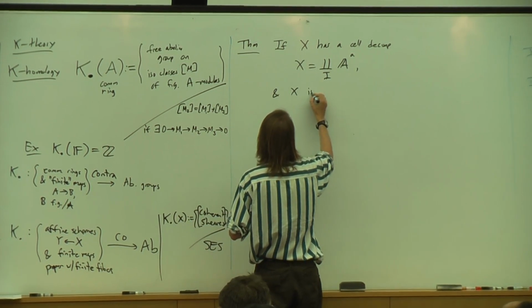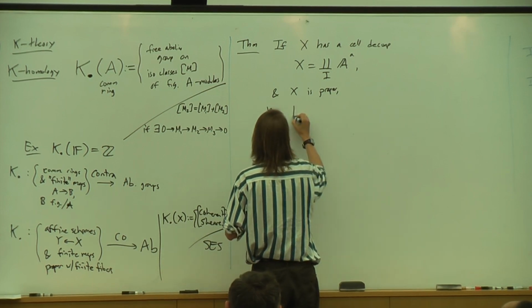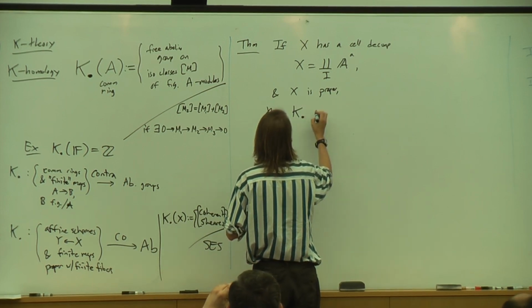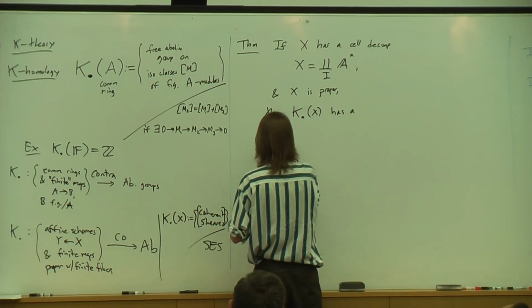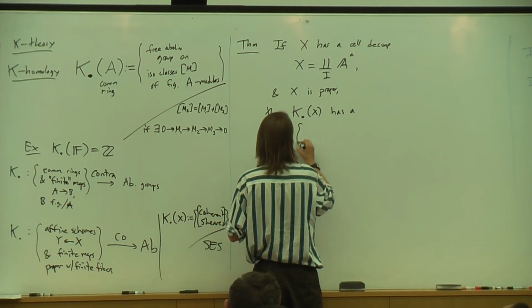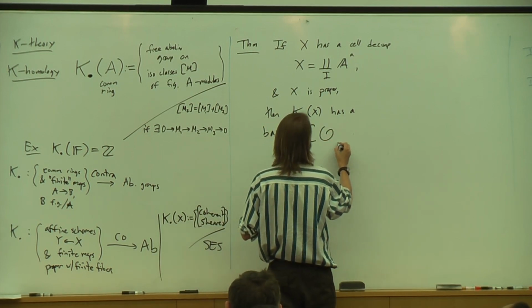And I'll be careful, if X is proper, then the K homology has a basis consisting of the classes of the structure sheaves of the closures of those cells.